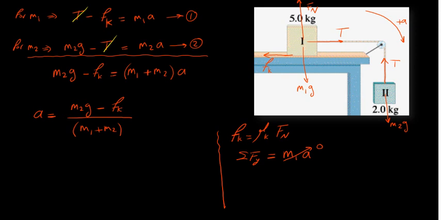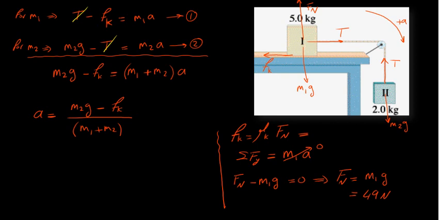It will be the normal force minus the m1g, and that will equal 0. From here we can say the normal force simply equals the weight of the first object. So we can calculate that easily. It's 5 times 9.8, so this one here is 49 newtons.